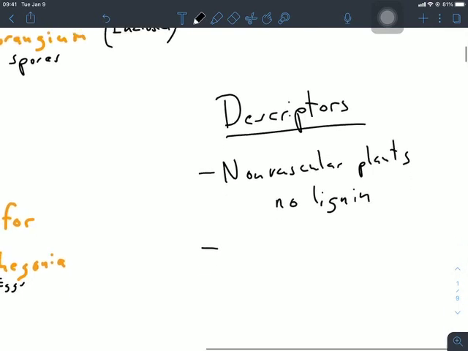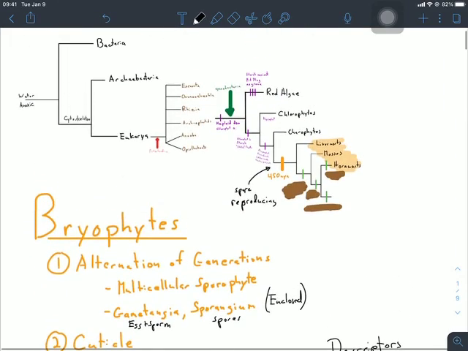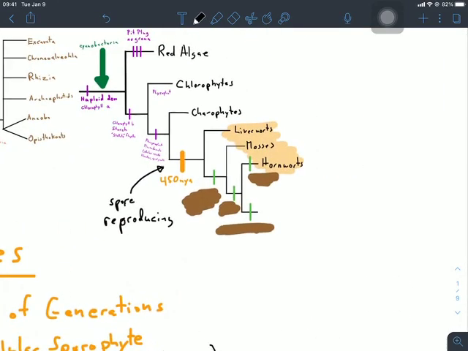Bryophytes are also oftentimes referred to as a paraphyletic group. And I will say that there is some contention about this, but generally the way that I've been taught it thus far, and up until evidence is presented that's convincing enough to the contrary, we will represent the relationships between liverworts, mosses, and hornworts as a staggered staircase, with liverworts peeling off first, mosses peeling off second, and hornworts peeling off third.